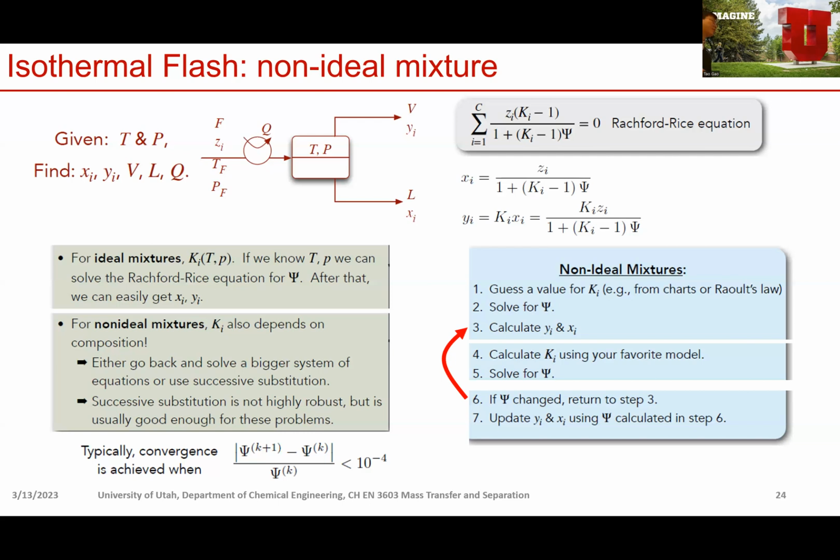Whenever the relative difference is below 10 to the minus 4, that means you have achieved a very good convergence, because in two consecutive iterations, your psi value is so close, the difference is even smaller than 10 raised to the minus 4. That means we have converged to a solution.